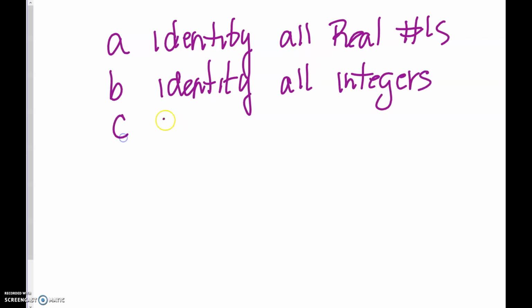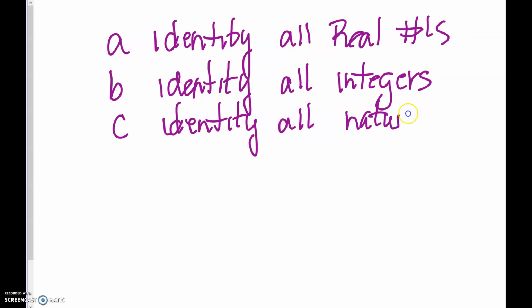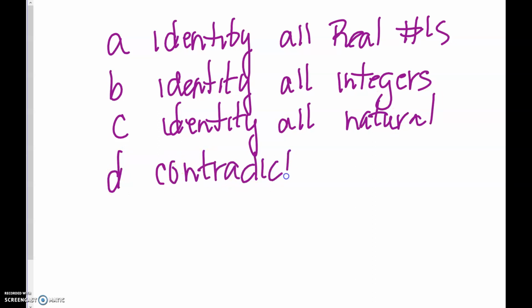And then part C, they called it the identity again, and they called it all natural numbers. And then D is where there's a contradiction. And when we have a contradiction, that means that the statement is false, so then there are no solutions.